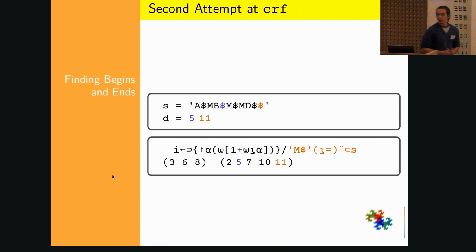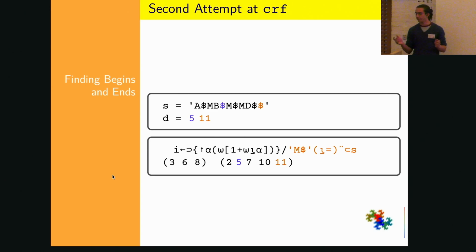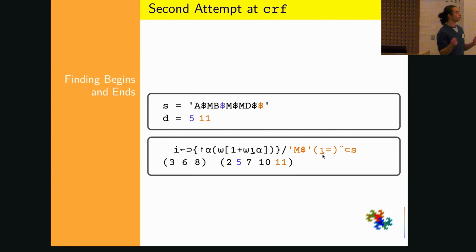Right, so now we have to find the actual beginnings and endings of all of the subsequences. The way we do this is that we first find all of the M's and all of the $. And we perform iota underscore to find the positions of the matches.